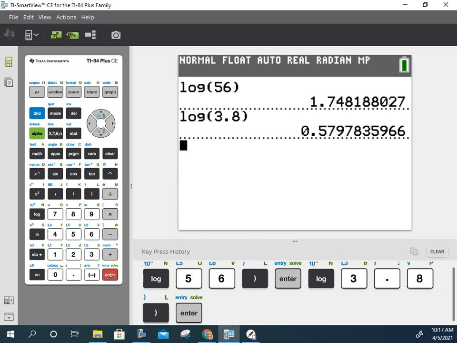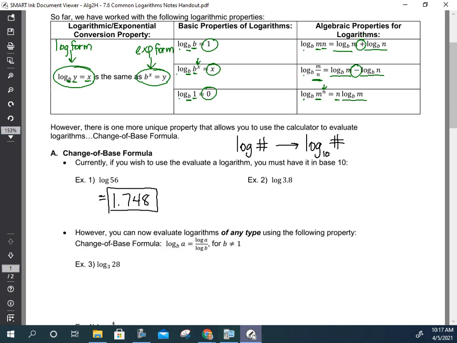So your rounded answer is 0.580. So if you forgot how to round, you need to relearn how to round. Any questions before we use change of base?